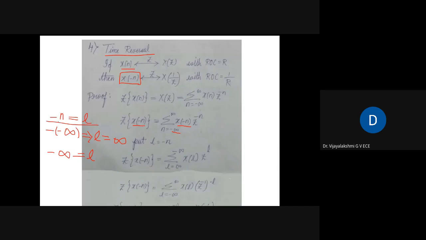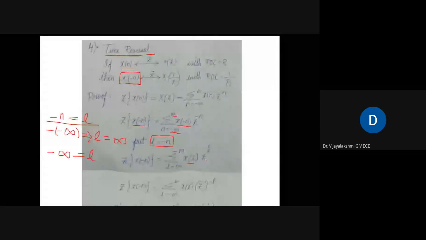So whenever n is minus infinity, L becomes plus infinity, and whenever n is plus infinity, L becomes minus infinity. Earlier it was n varying from minus infinity to plus infinity. Now with this change, L goes from plus infinity to minus infinity of x of minus n, which is x of L, into z power minus n, which is L.